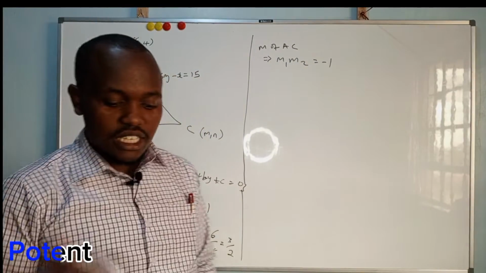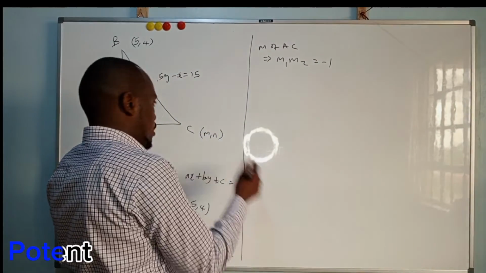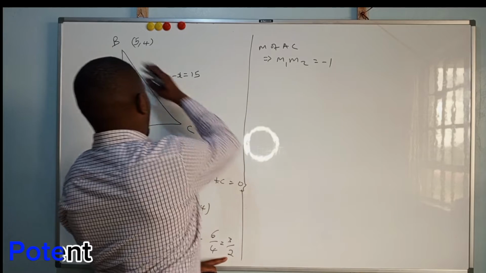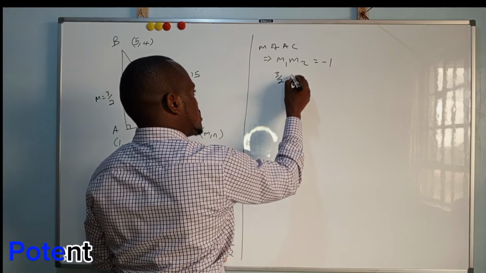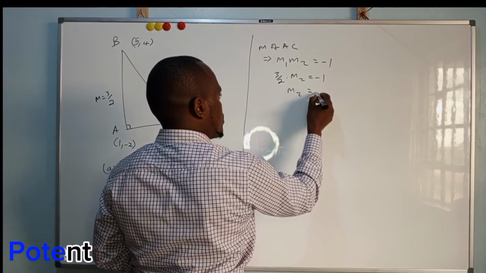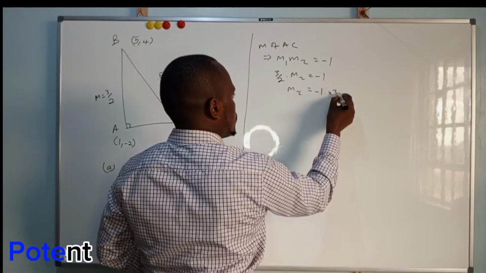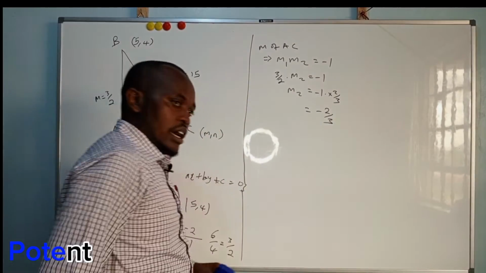Gradient 1 times gradient 2 will give you negative 1. So 3 over 2 times m2 is equal to negative 1. So m2 is equal to negative 1 times 2 over 3, which is negative 2 over 3.